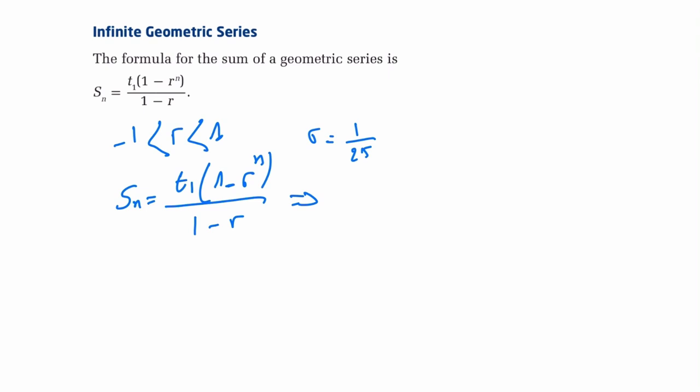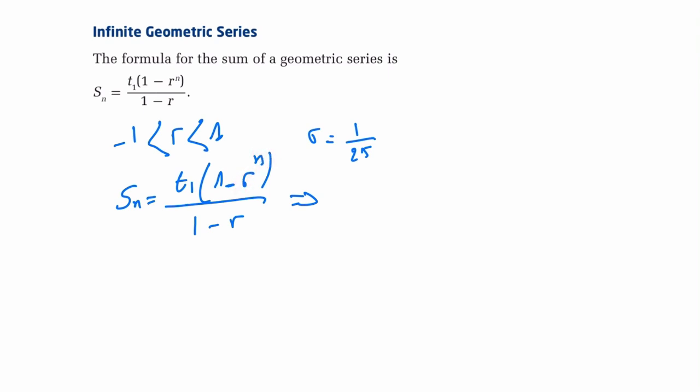When you have your ratio r to the power of a very, very big number, the whole thing goes to 0, and you can try that and you will see it. So for this equation, r to the power of n will go to 0.